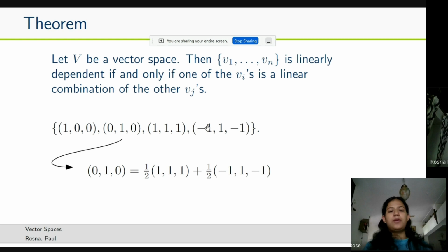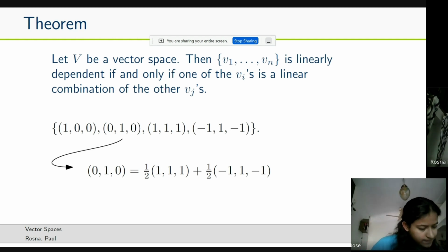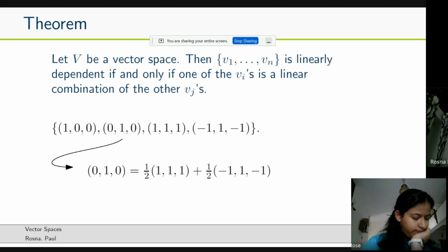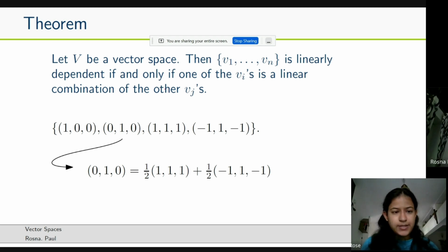Can I arbitrarily pick one, and can I write it as a linear combination of the others? What do you think? Sneha had said that we cannot, and Elizabeth has said yes. Okay, there is a confusion whether it is possible or not. Let me give you an example.